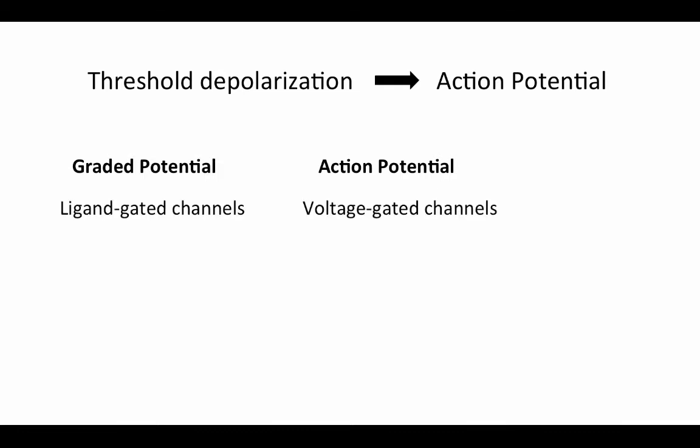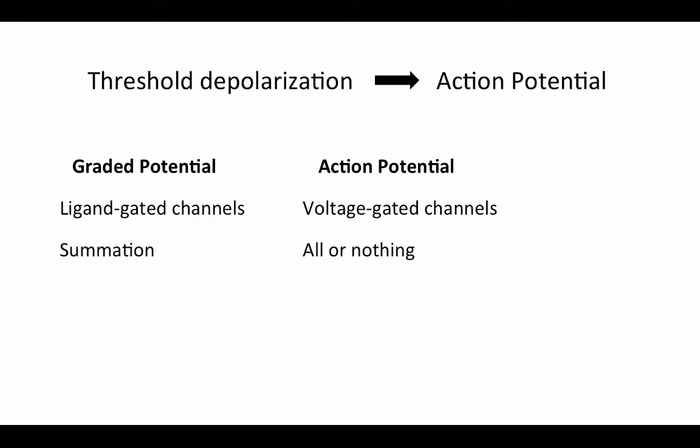So graded potential is going to be the cell's response to ligand-gated channels. So remember, those neurotransmitters are going to be the ligands that are going to bind to their receptors on the postsynaptic neuron and open those ligand-gated channels. Action potentials are going to be due to the opening of voltage-gated channels when that threshold depolarization is reached.